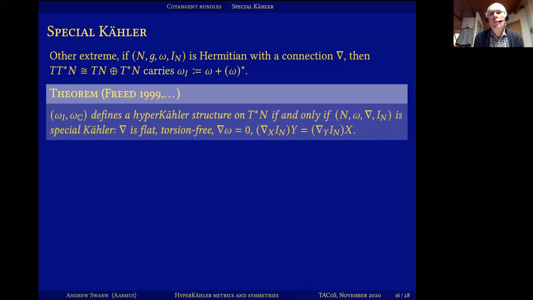And there's an extra condition, which is that the covariant derivative of the complex structure should be symmetric in X and Y. So that's a very strong type of geometry.